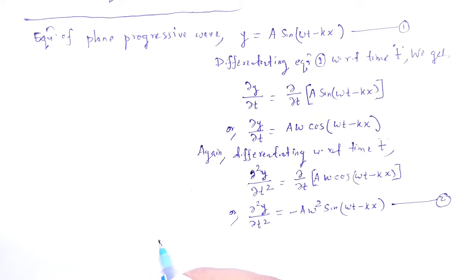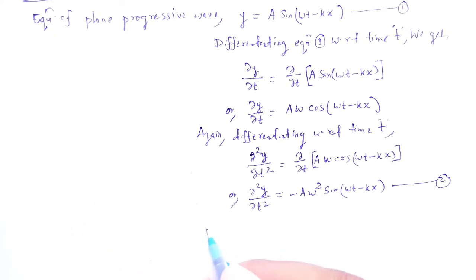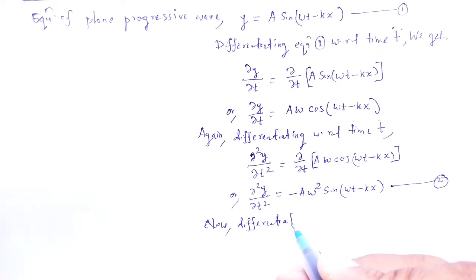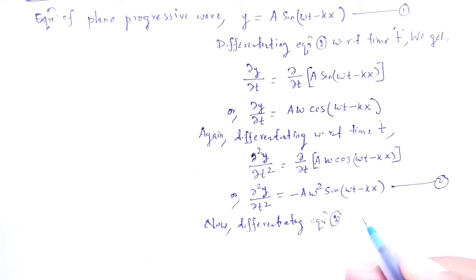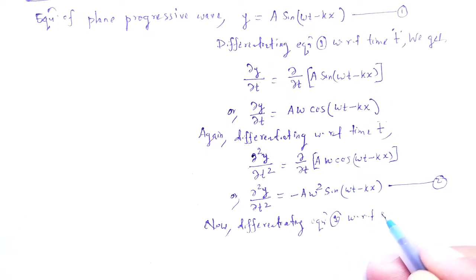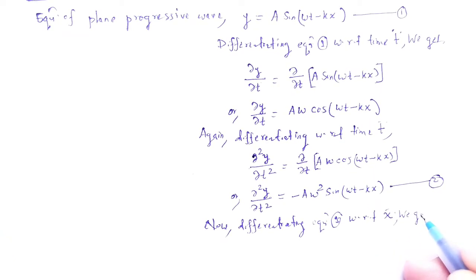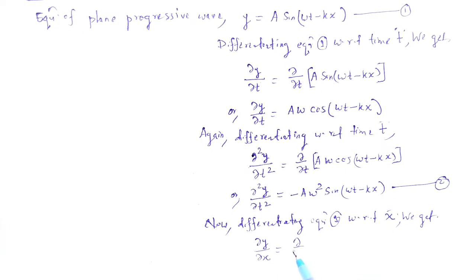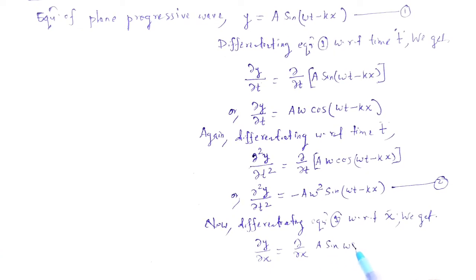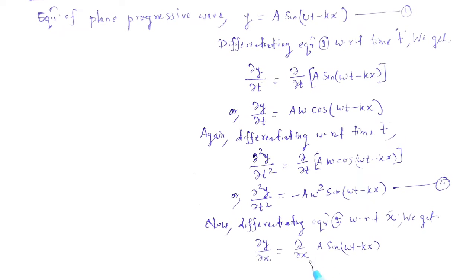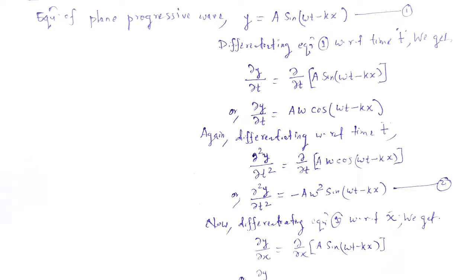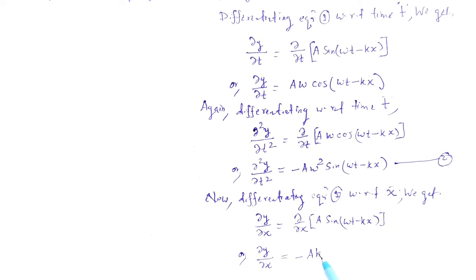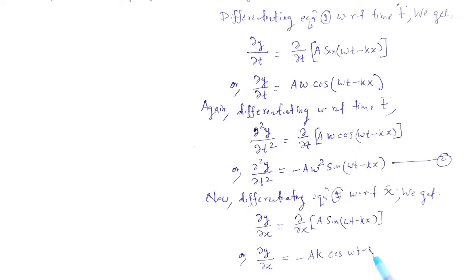Now differentiating the plane progressive wave equation 1 with respect to x, we get del y by del x is equal to del by del x of a sin(omega t minus kx), or del y by del x is equal to minus a k cos(omega t minus kx).